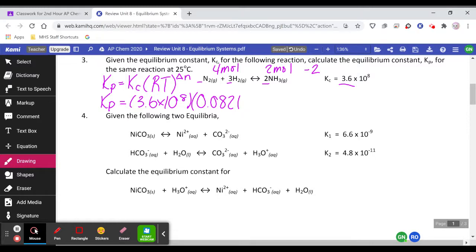But I'm going to leave that off since units are not needed for K sub P. Multiply that by our 25 degrees Celsius, but in Kelvin, so 298 K. And then we'll raise that to the -2nd power. And when we get the answer, we get K sub P equal to 6.0 times 10 to the 5th.